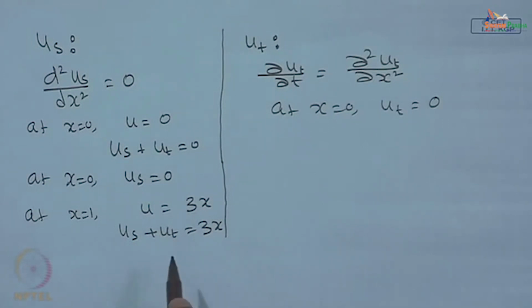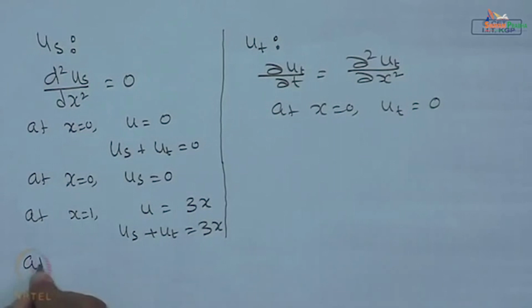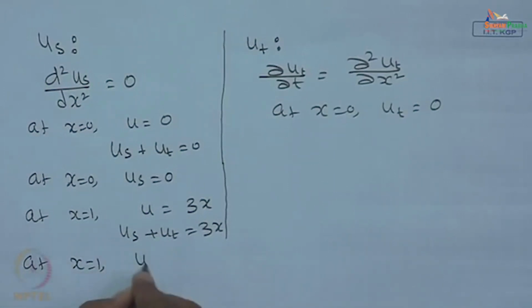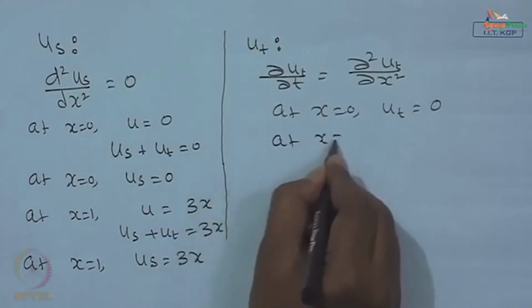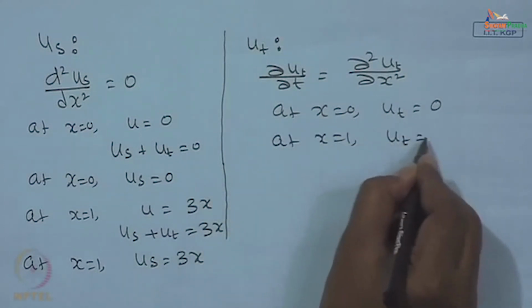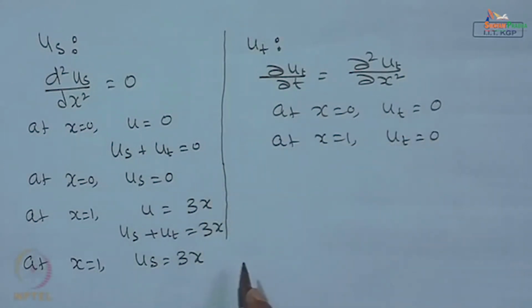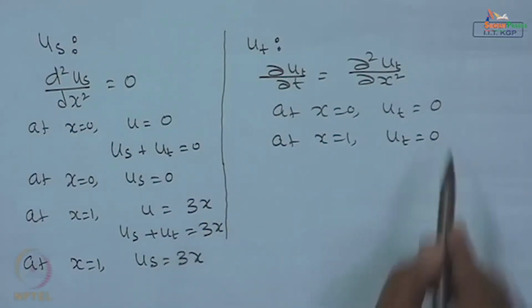If you do that, see what you get. At x is equal to 1, we will be getting u s is equal to 3 x, and at x is equal to 1, we will be getting u t is equal to 0. So, what we did here, we associated the non-homogeneous term with the steady state solution, and the u t becomes homogeneous.